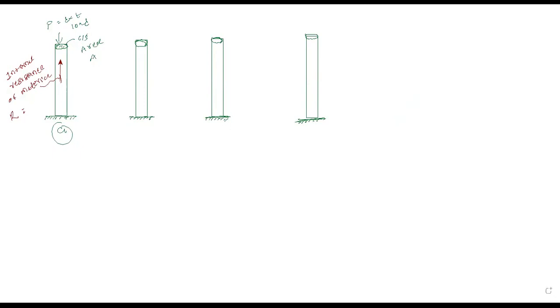You already know what stress is. Stress equals force by area. Resistance is a kind of internal force, and stress is the internal resisting property of the material. So can we say that stress equals resistance by area? Everybody with me? So resistance equals area into stress. I am erasing this and directly writing the equation: resistance equals stress sigma into area, that is the cross sectional area of the element.